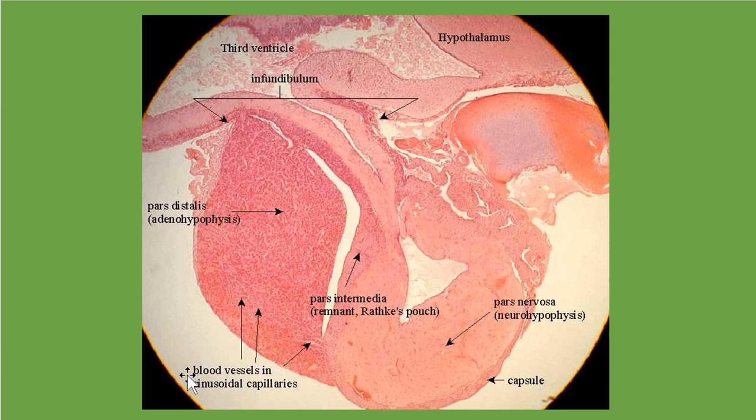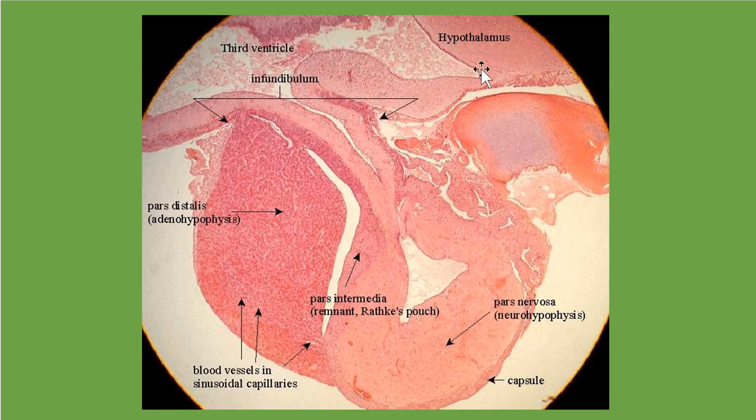I put this slide in here because I thought it would be neat to show where the hypothalamus is in relation to the anterior and the posterior pituitary. Now, the pituitary gland hangs off the hypothalamus in the brain, right?